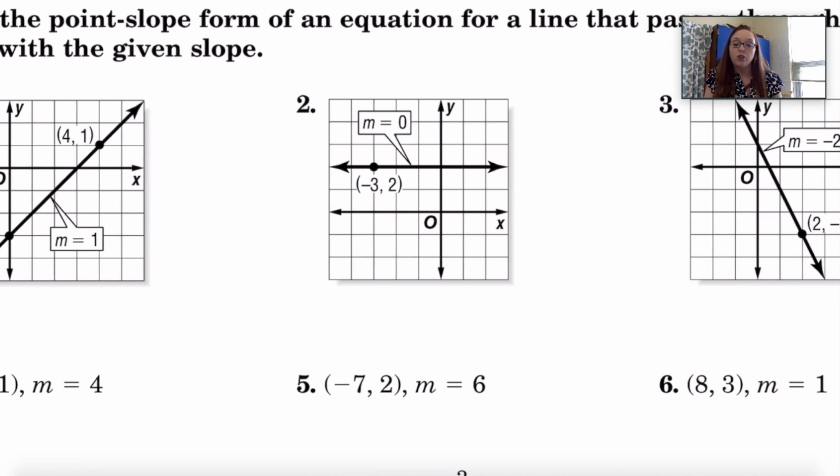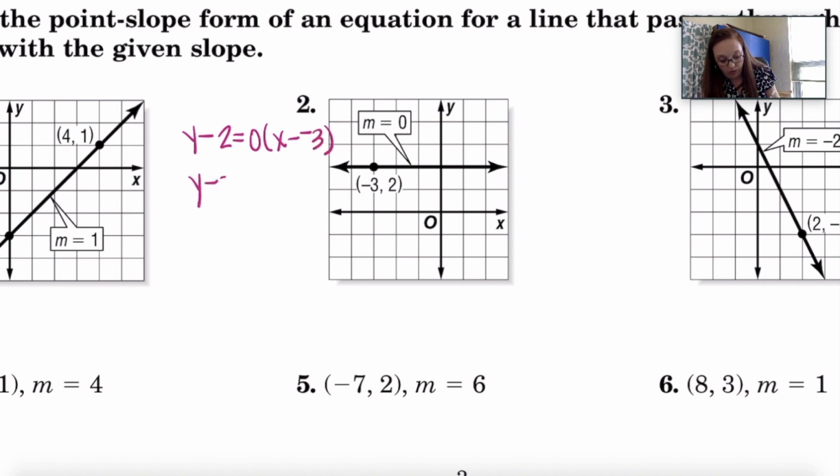So for number 2, we see our slope is 0, and this line goes through the point negative 3, 2. So I'm going to do y minus, the y coordinate of that point is 2, equals m, which in this case is a 0, times x minus, the x coordinate of that point is negative 3.